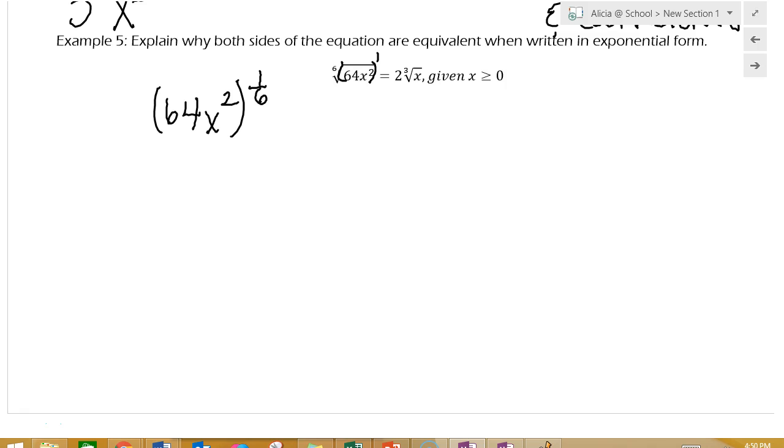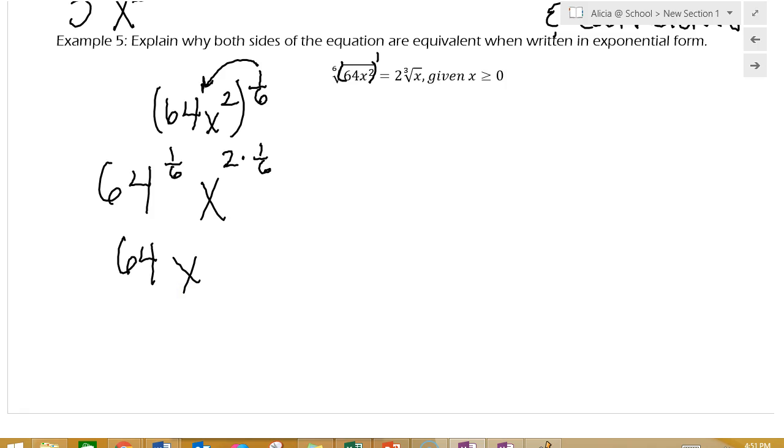I'm going to focus on the left side here. When I distribute this exponent in, I have to remember that this 64 has its own exponent of a 1. So that's going to bring me 64 to the 1/6 power. I'm going to have x squared, so x squared times 1/6. 2 times 1/6 is going to be 1/3.